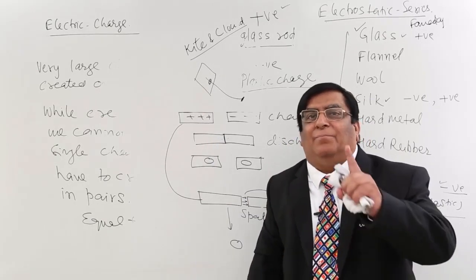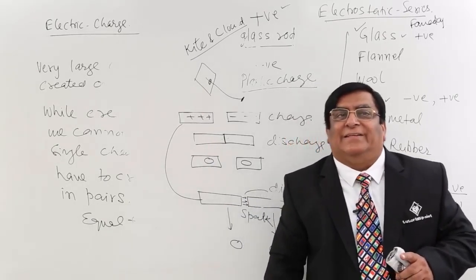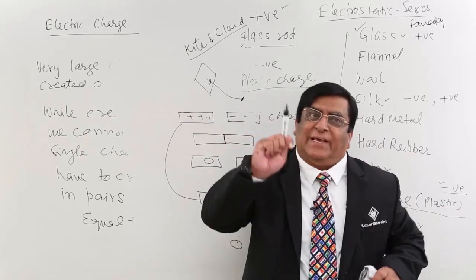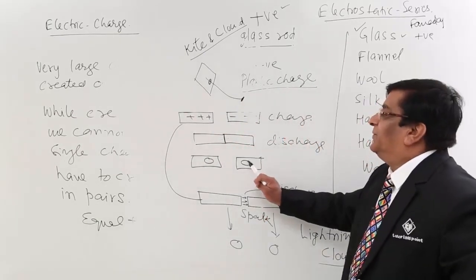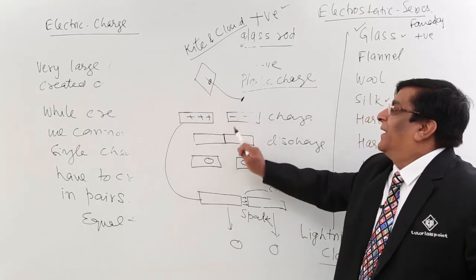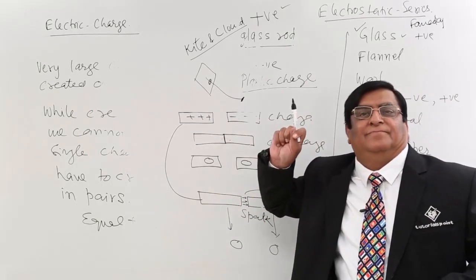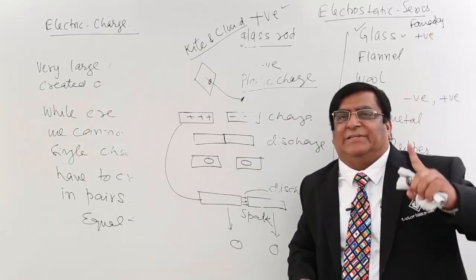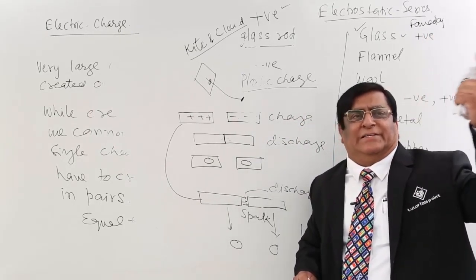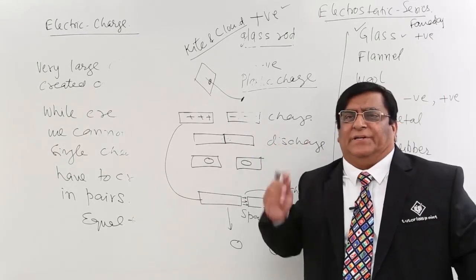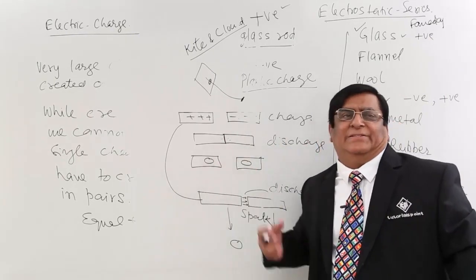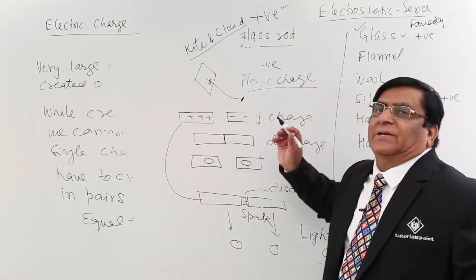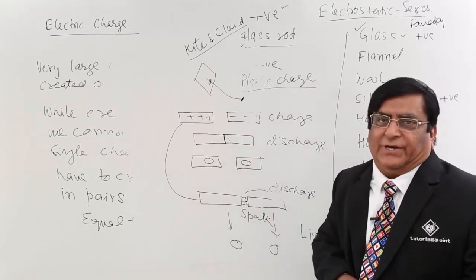And this was a marked achievement, telling that whatever spark we are seeing in the clouds is basically the same electric charge that we produce here in glass and plastic when we touch them. So that was the first time it was proved that that is electricity, and we call it electricity in the sky. There were many studies made with that. So that is discharge, and this is all about electric discharge.